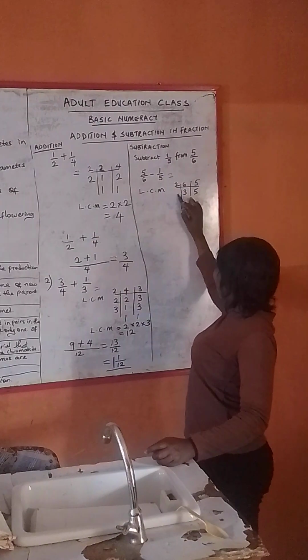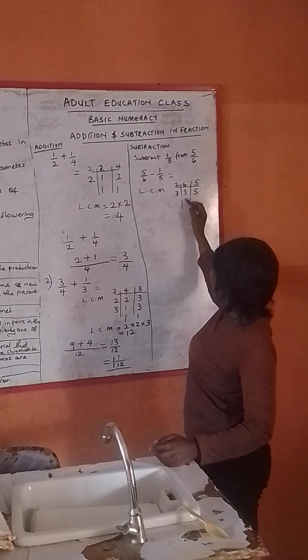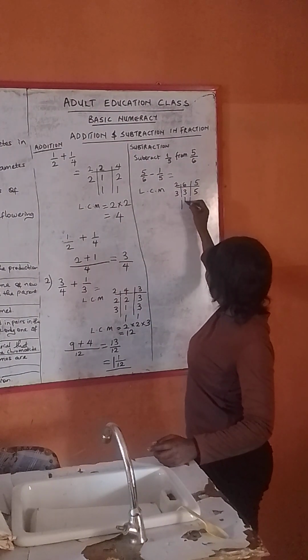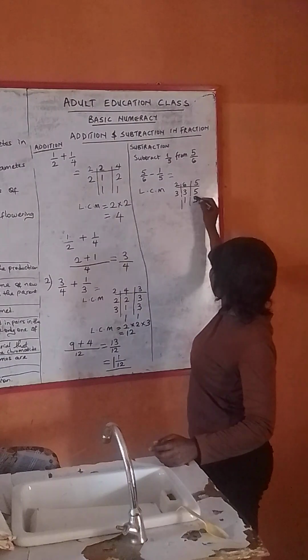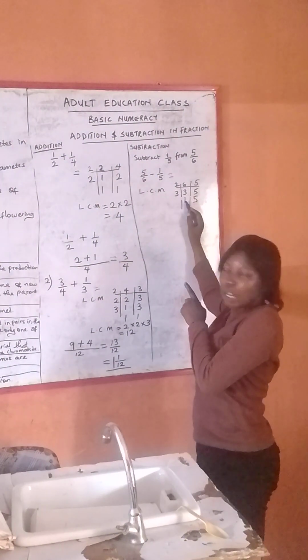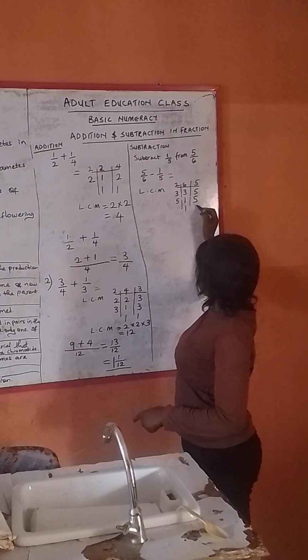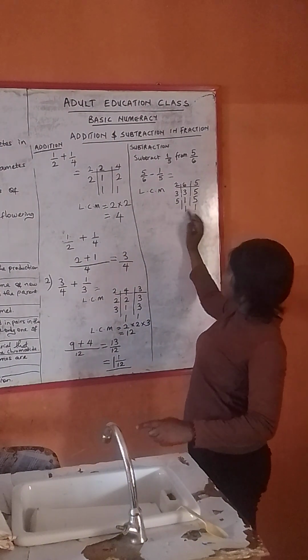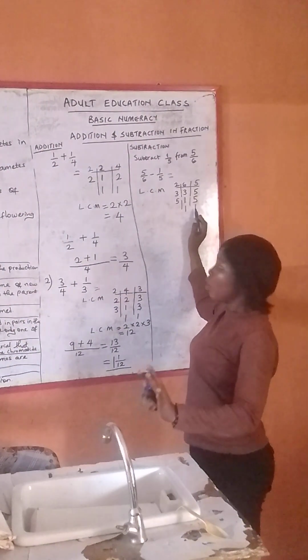Now, 2 cannot divide any of them, so you can use 3. 3 will divide 3 in 1 time, and 3 cannot divide 5 completely, so you put your 5 down. Now you just put 5 directly. 1 and 1. Since you have gotten 1, 1, you have gotten to the nearest minimum.